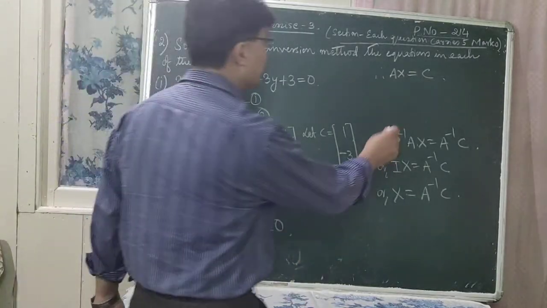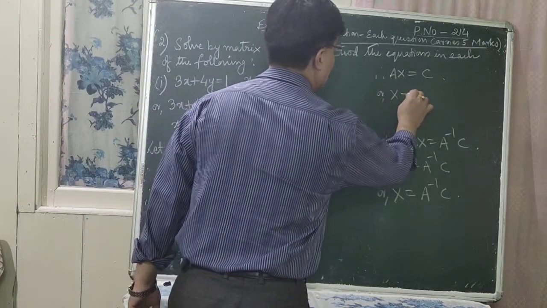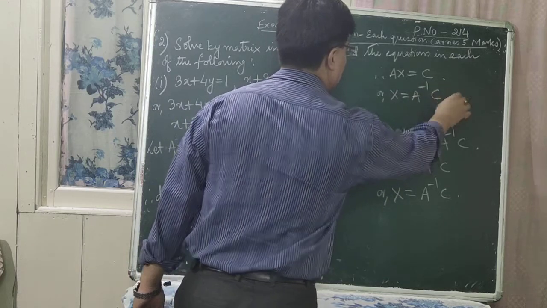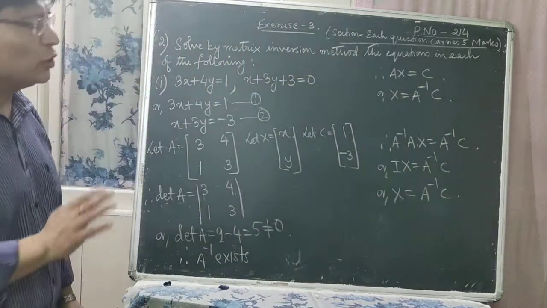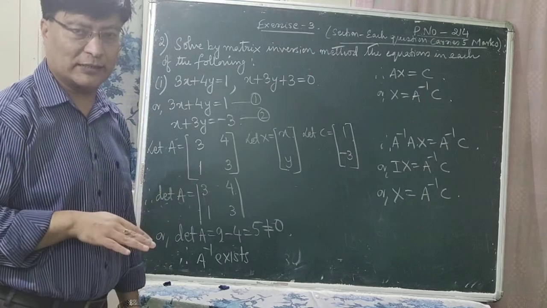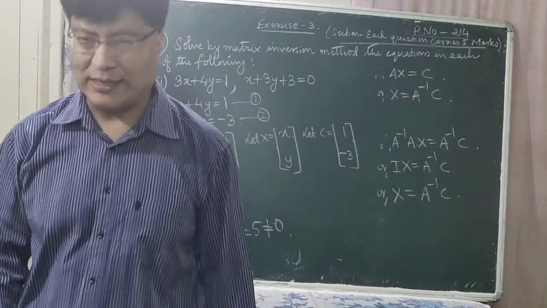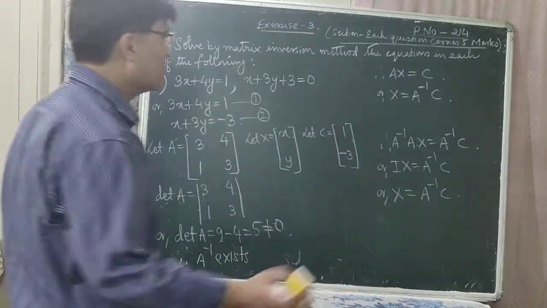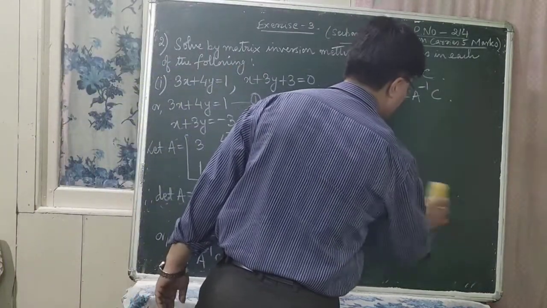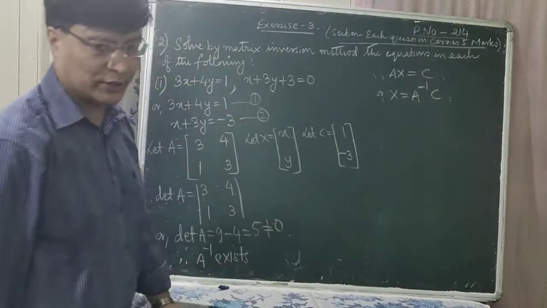Is that clear now? You cannot write A in the denominator, so you have to write A inverse on the right hand side. So X is equal to A inverse C, this is your matrix equation.